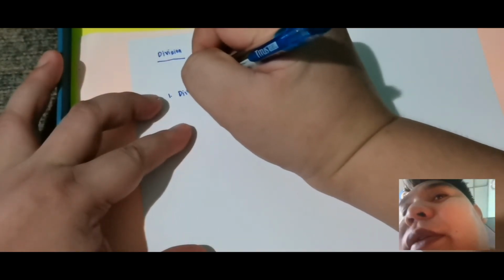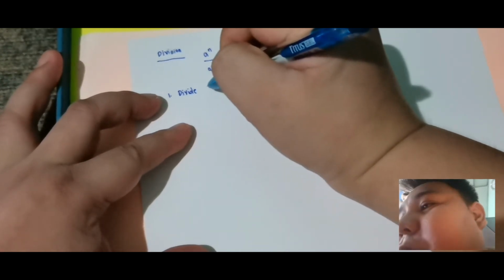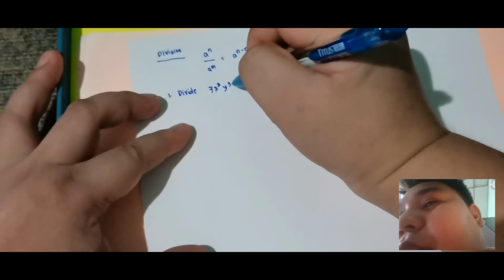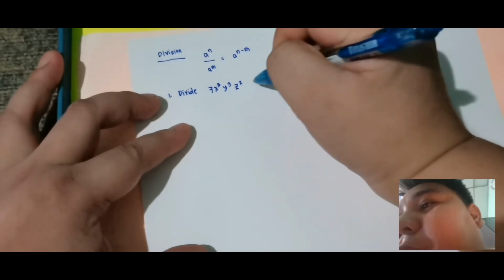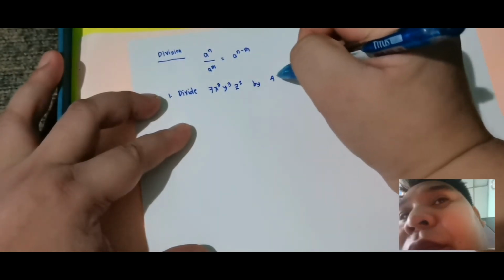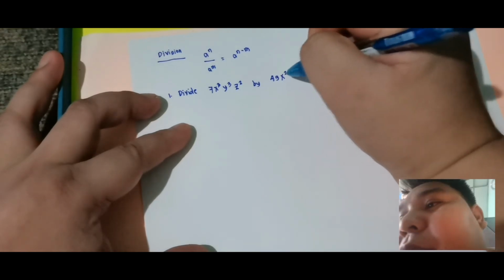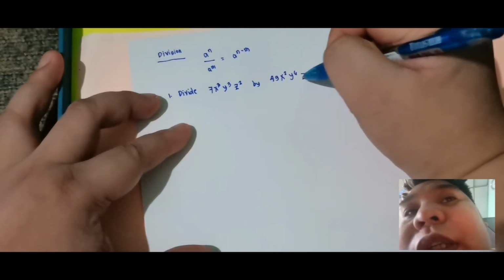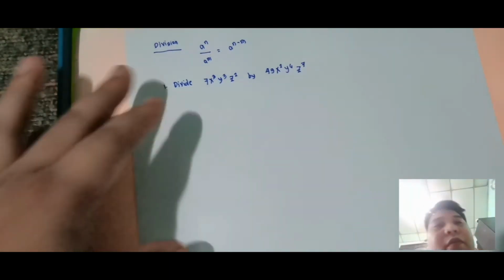So divide 7x cubed y cubed z squared by 49 x squared y raised to 6 and z raised to 7.